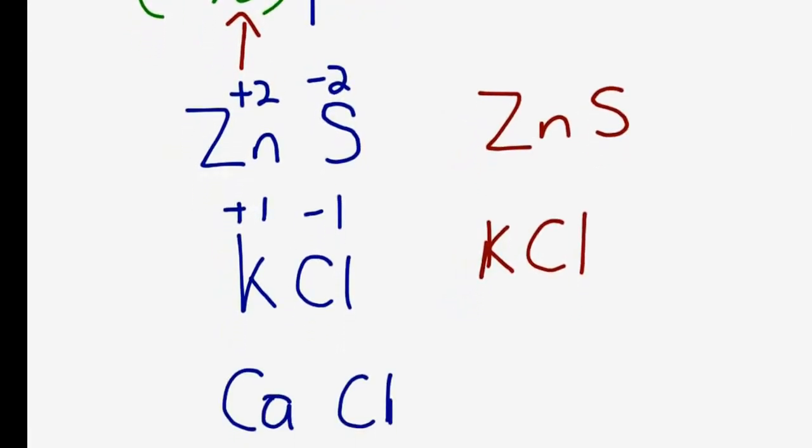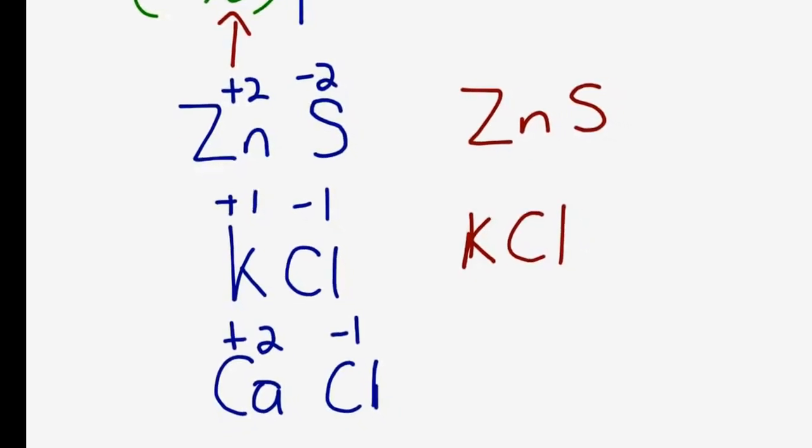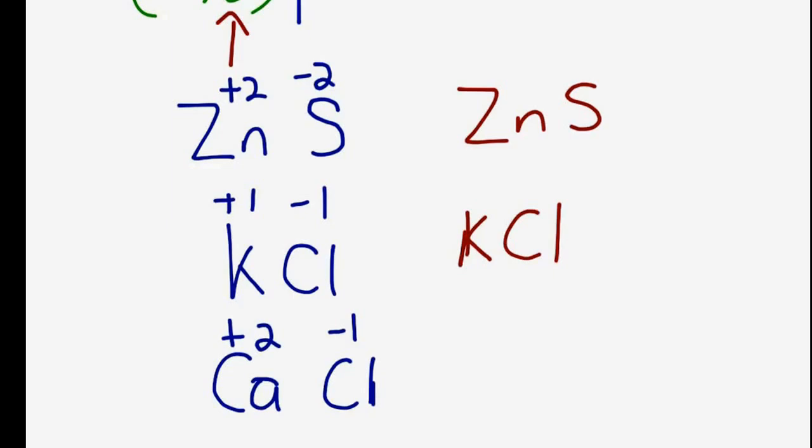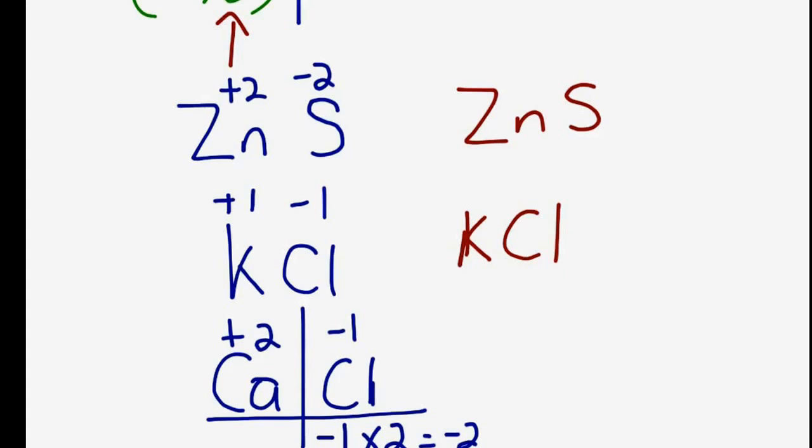Calcium chloride. Calcium has charge of +2, while chlorine's is -1. They do not add to 0. 2 is the bigger number, so I would have to multiply my -1 by 2 to get -2, which is equal to +2.